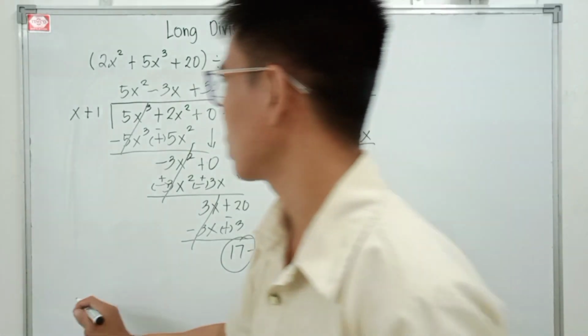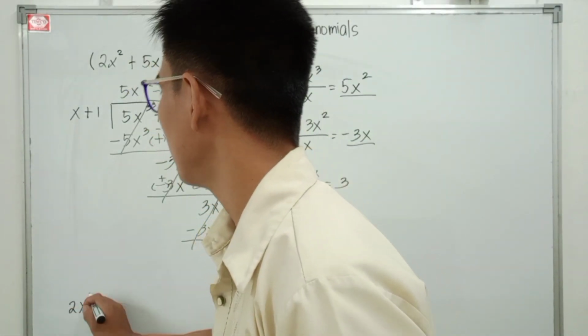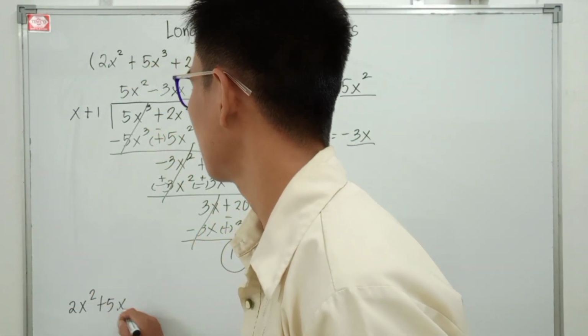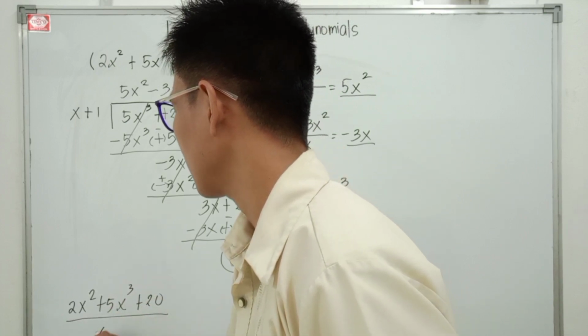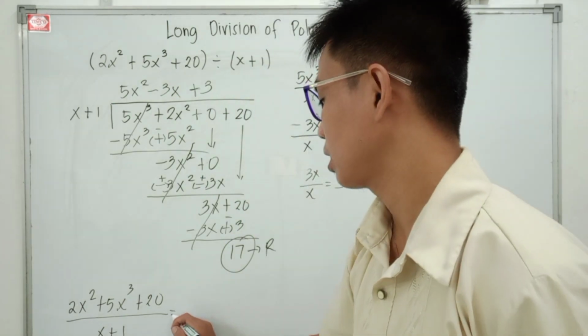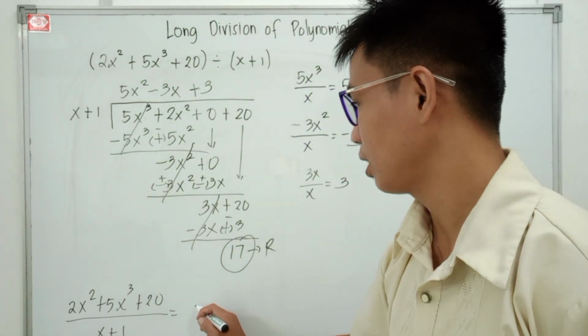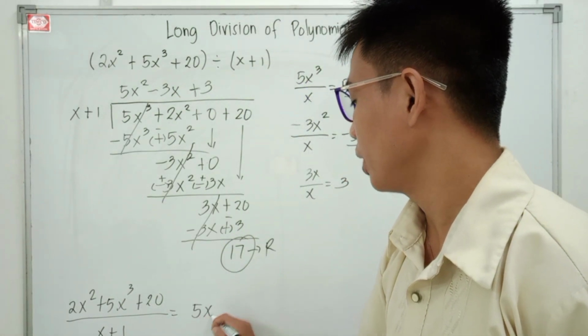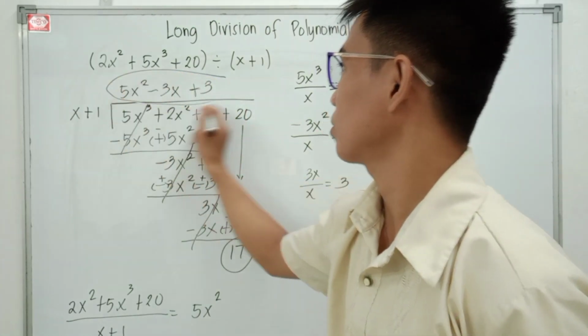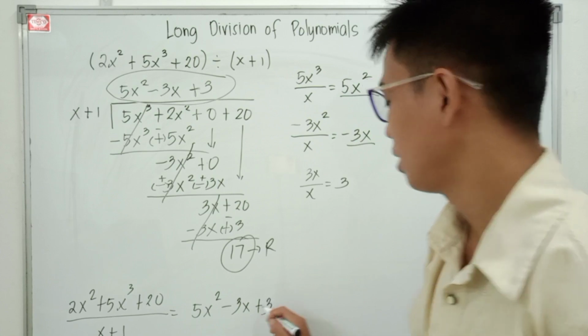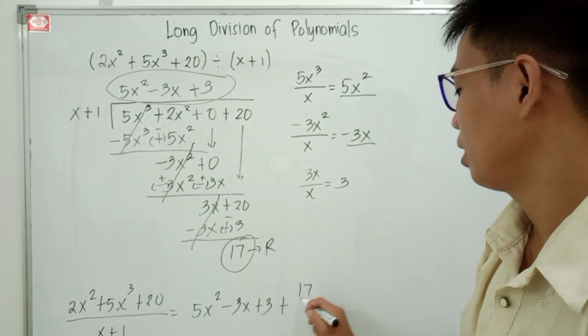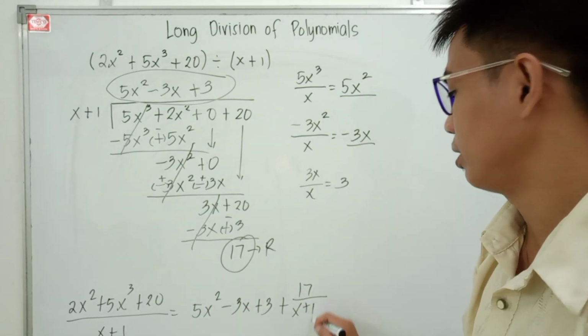Then for the final answer, we have 2x squared plus 5x cubed plus 20 divided by x plus 1 is, the first form of the answer is 5x squared, or ito yung ating isusulat, minus 3x plus 3 plus 17 over x plus 1.